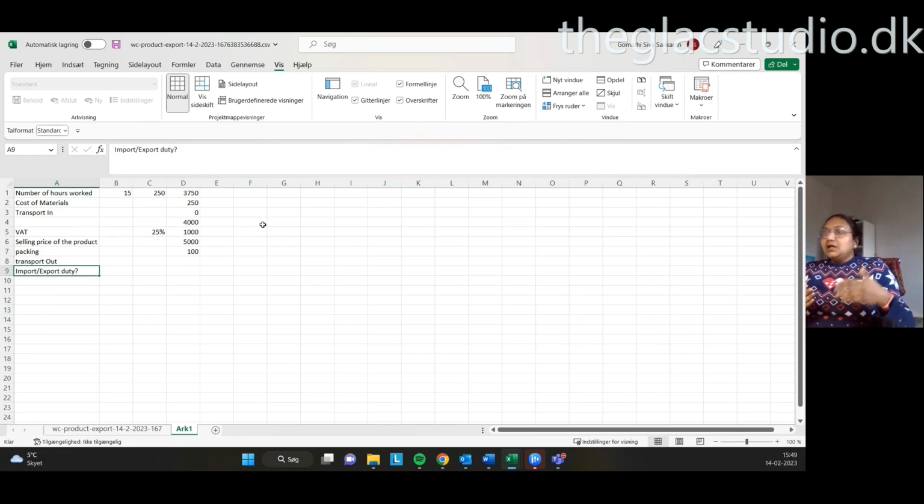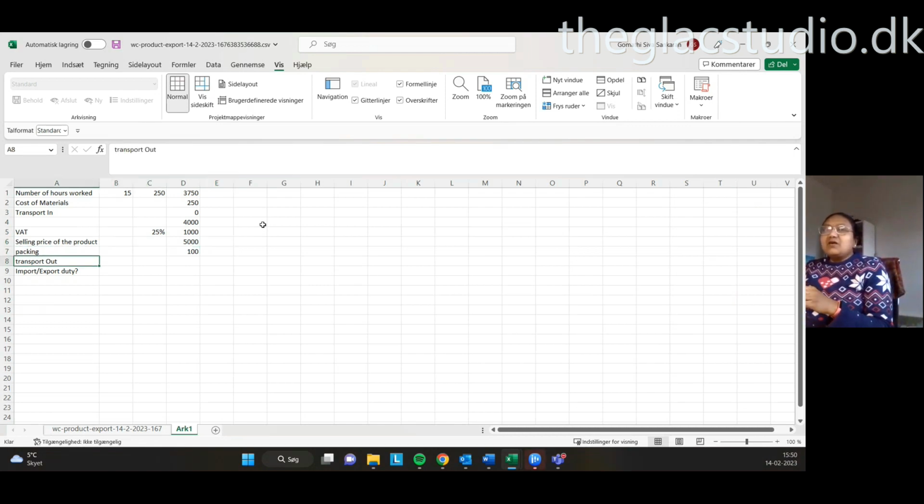For example, in Denmark, if I am exporting something that costs 5,000, it is not going to attract any duty. Anything above 10,000 DKK will attract duty. This is according to the recent charges. Again, if these things are changing in any country, we must be aware of it, or we must check before we have the discussion.